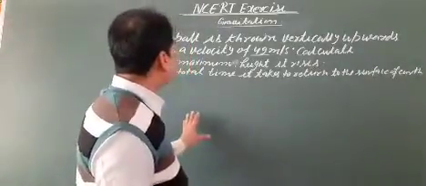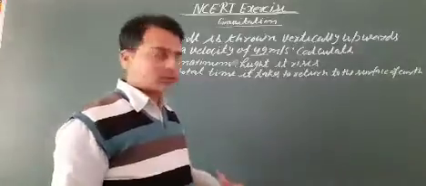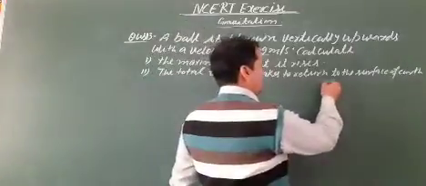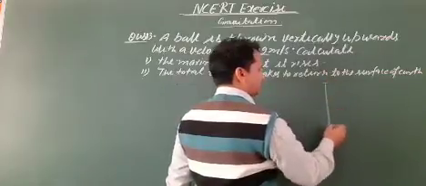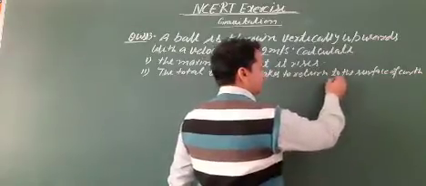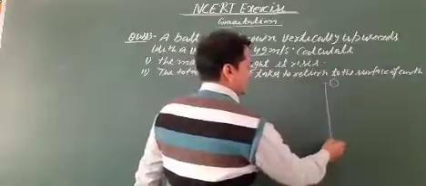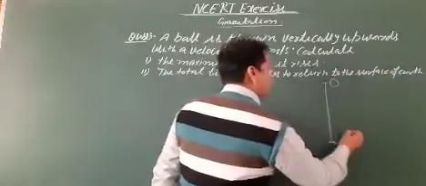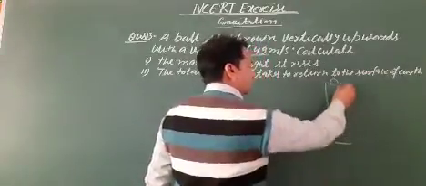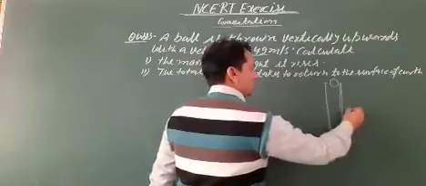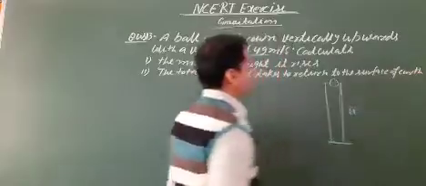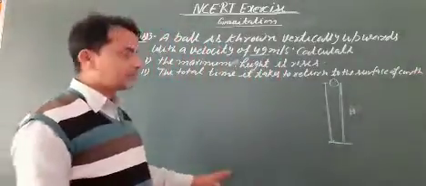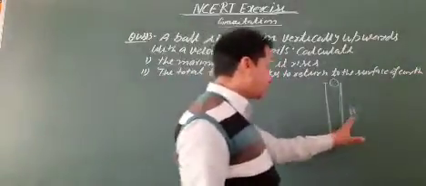So it is clear that a ball is thrown vertically upwards. Here suppose that the maximum height is h.